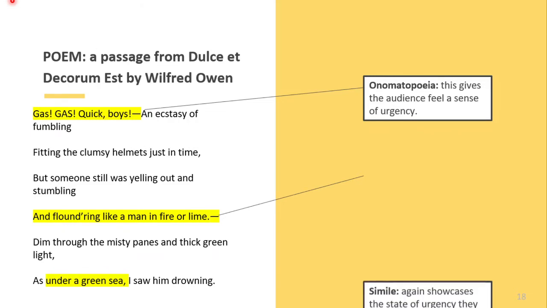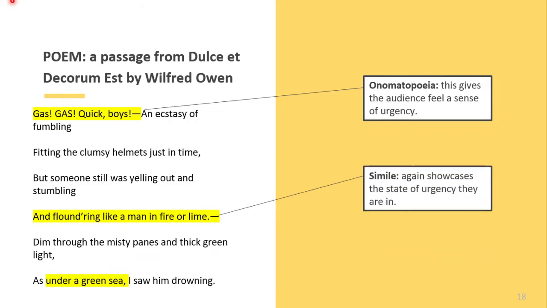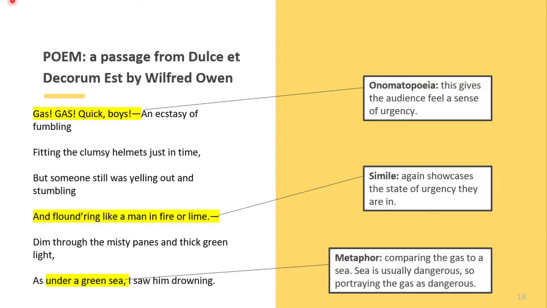Righty, now this is a simile, which again showcases the state of emergency and urgency they are in. This line is a metaphor because it is comparing the gas to a sea, and a sea is usually dangerous, so portraying the gas as dangerous.